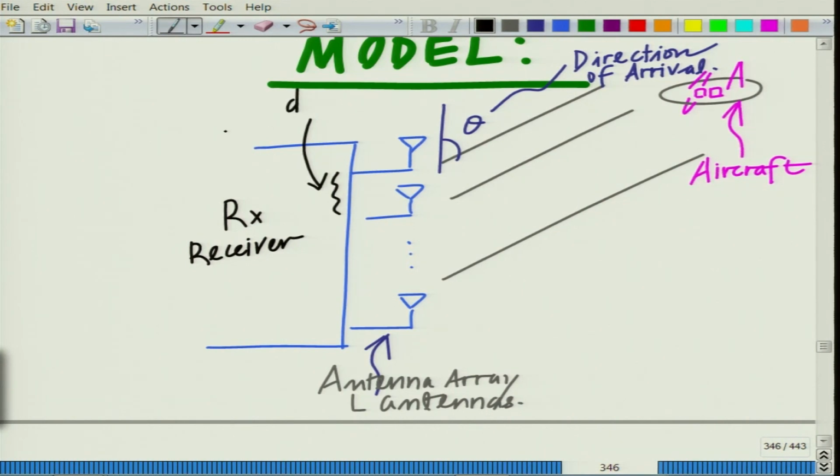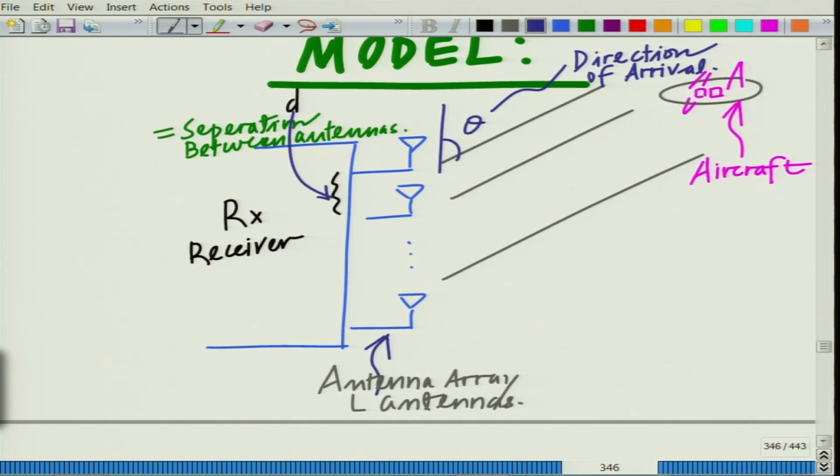This is termed as D. D is the separation between the antennas, and what we are saying is this separation between the antennas is fixed.